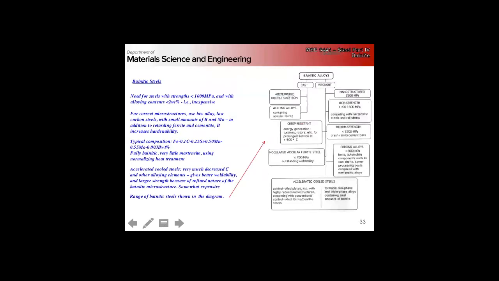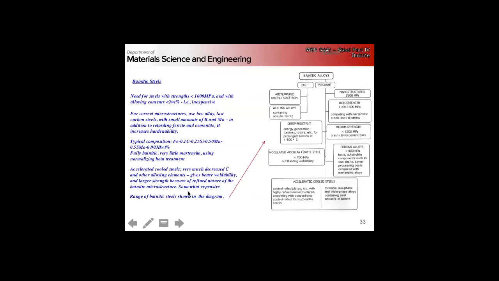So the role that Bainitic steels play is we want cheap steels, right? So we need moderate strength needs with a low amount of alloying elements, right? So we want things that are cheap, but still stronger than pearlitic steels, right?